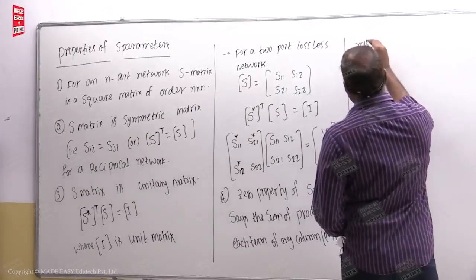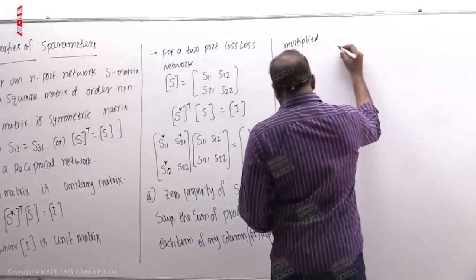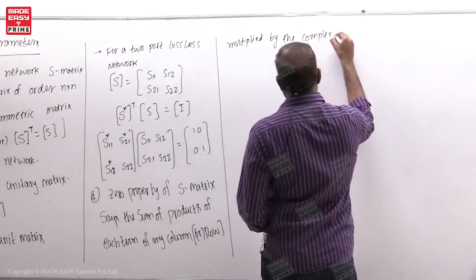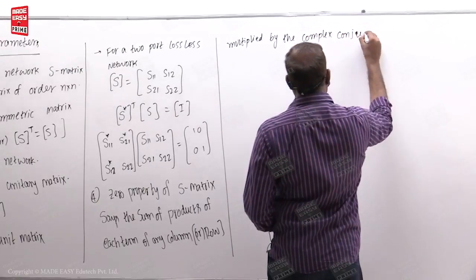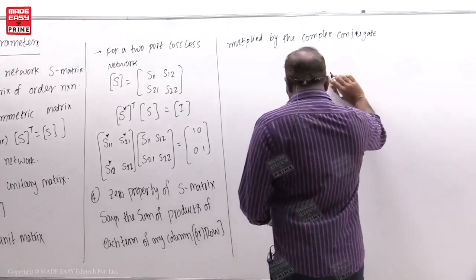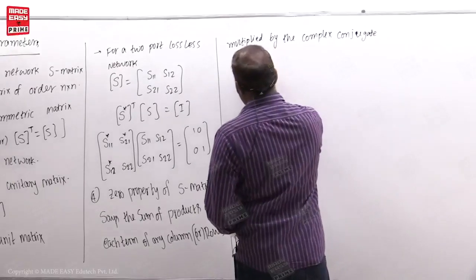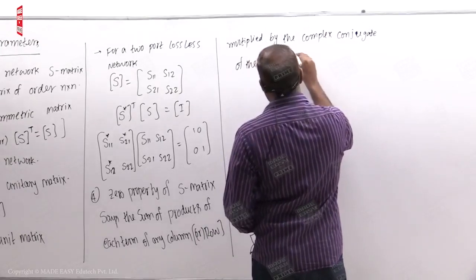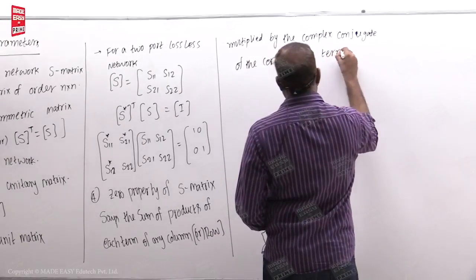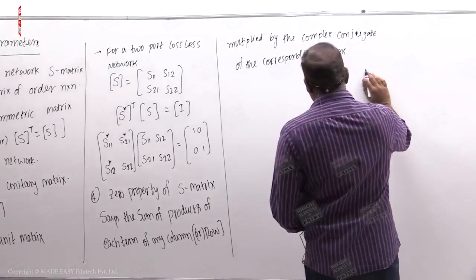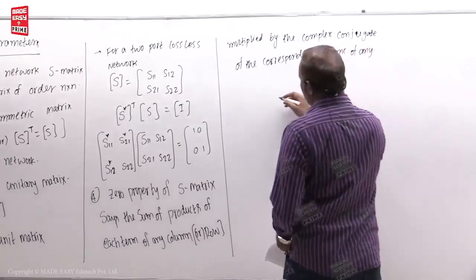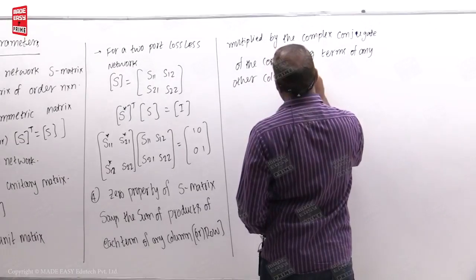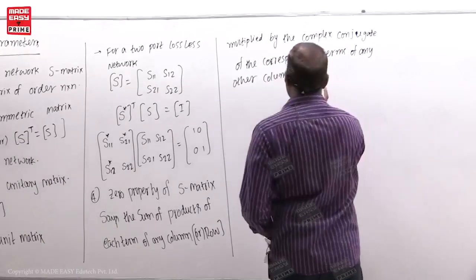So multiplied by the complex conjugate of the corresponding terms of any other column, or if you take any row, then any other row you have to take.